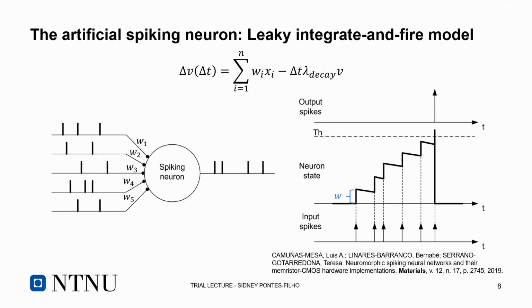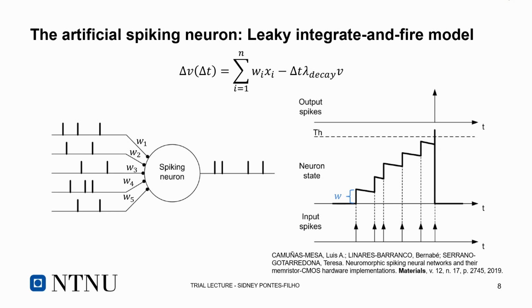So on the right side, we have input spikes coming to the spiking neuron. This spiking neuron has a neuron state that is normally in the resting state, touching the horizontal axis. But when one spike arrives at this spiking neuron, then, depending on the weight of that connection, W, it increases the neuron state by a certain amount.